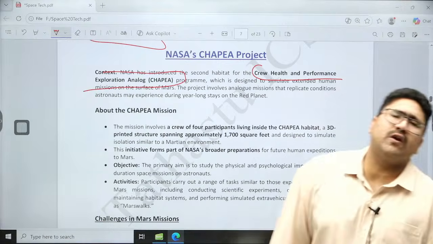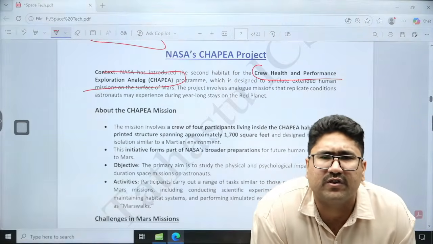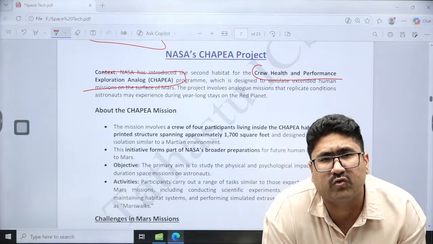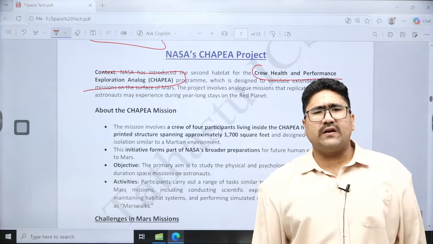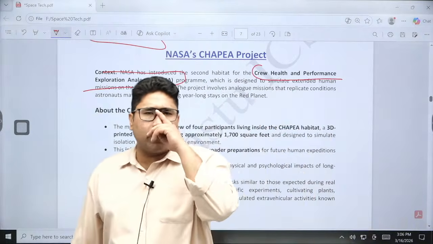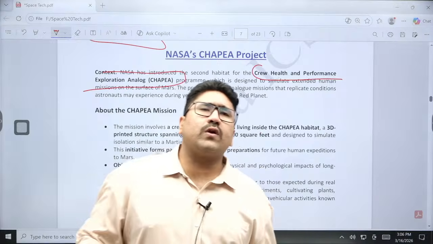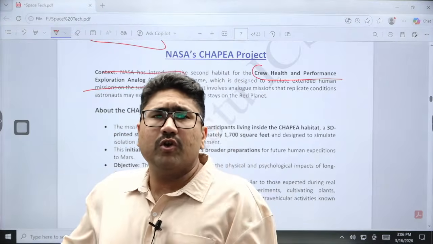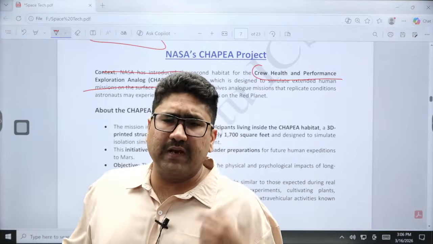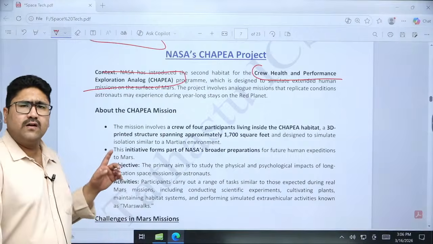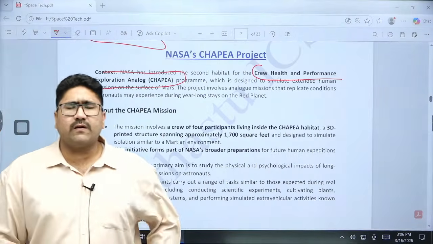Shukrayaan mission is not an analog experiment. Shukrayaan mission is the mission of ISRO, which is going to be launched nearing 2028 to 2030, with the objective to go to Shukra, that is Venus. It is not an analog experiment, it is a real experiment, it is a Venus orbiter mission.